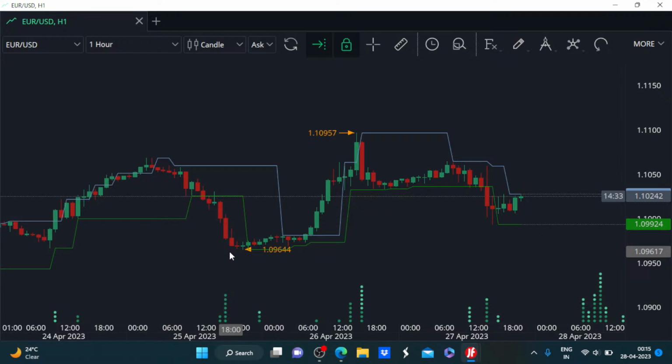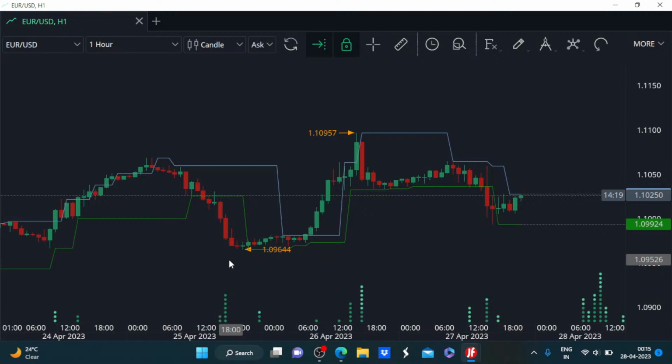Using these fractal points, the lines are drawn as long as the price doesn't break below or above these fractal levels. We get this price band till a new fractal formation takes shape.